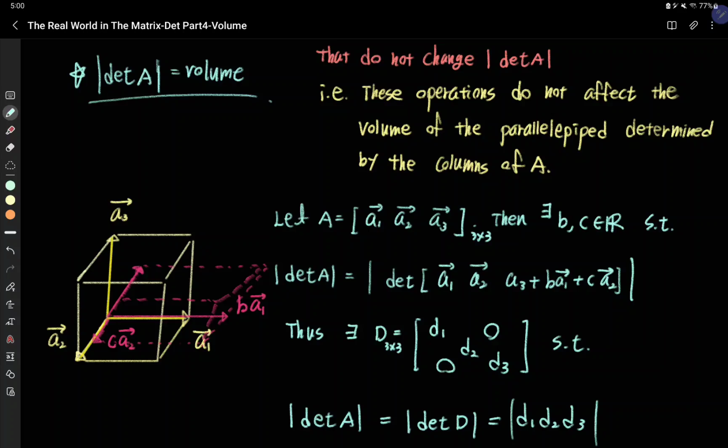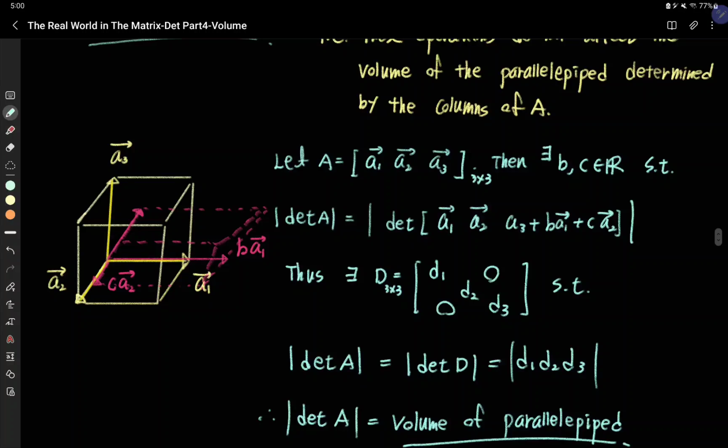So the volume of the parallelepiped is the absolute value of the determinant of A. Why? Because let A be A1, A2, A3, the columns of the 3 by 3 matrix. Then there exist real numbers B and C such that the absolute value of the determinant of A is equal to the absolute value of the determinant of A1, A2, A3 plus B times A1 plus C times A2.